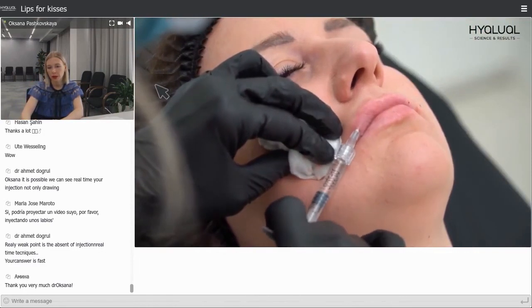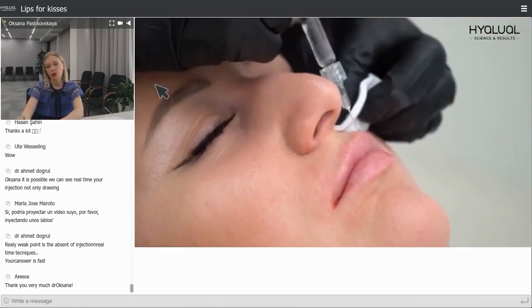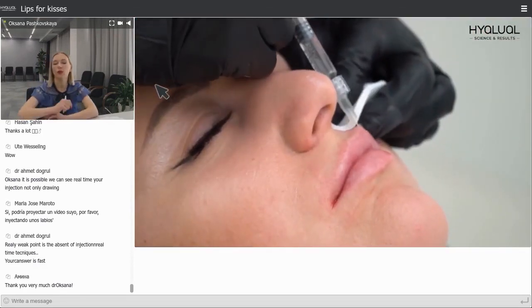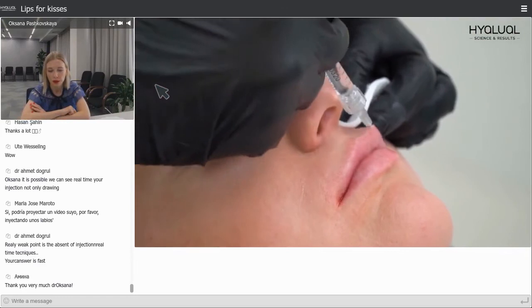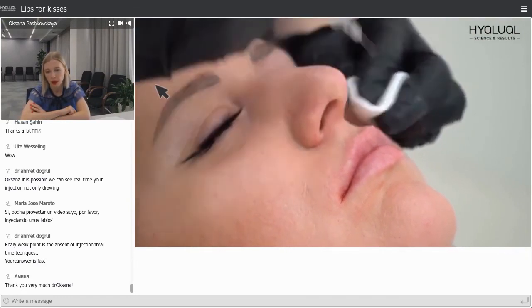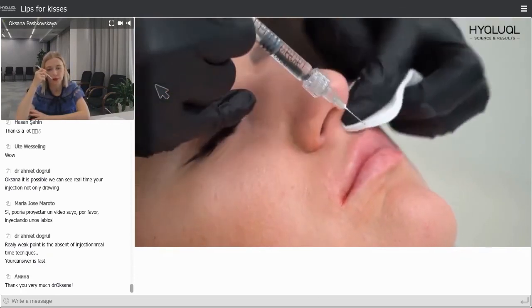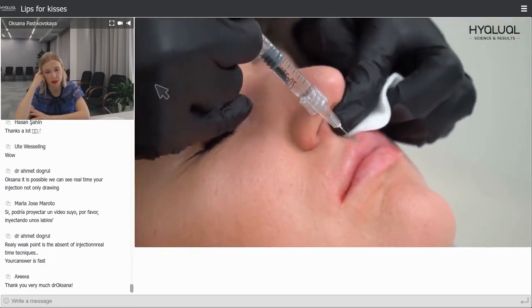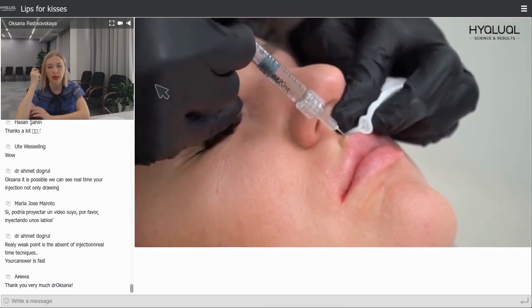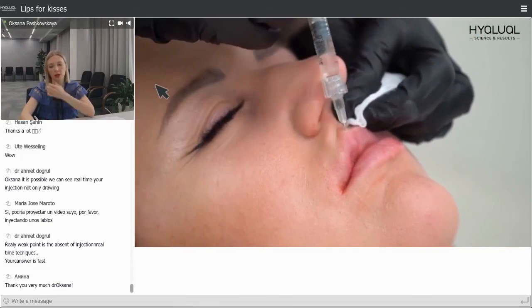So I do it with a needle, but the same work you could do with a cannula, but deeper. And also from the columns of the philtrum, I put the vectors to the closure line and do the fan shape technique you see here. And also you could stretch the tissues.